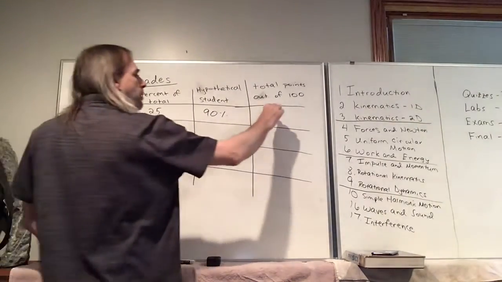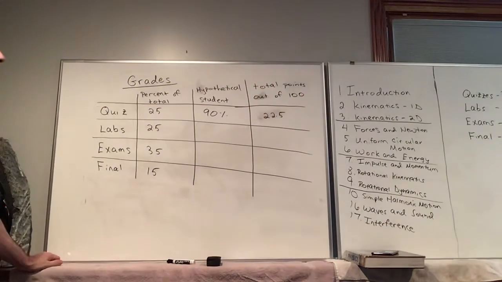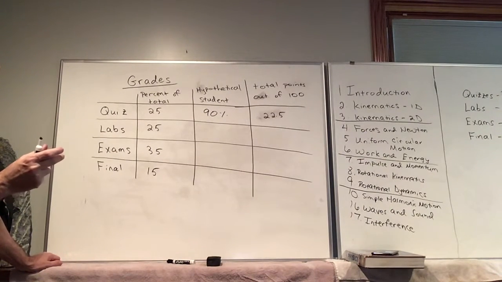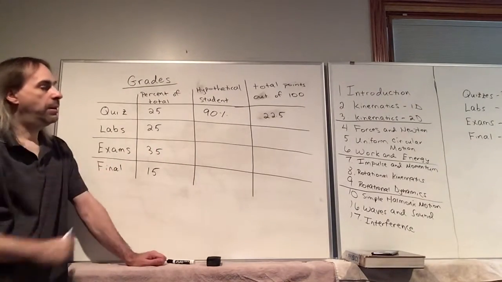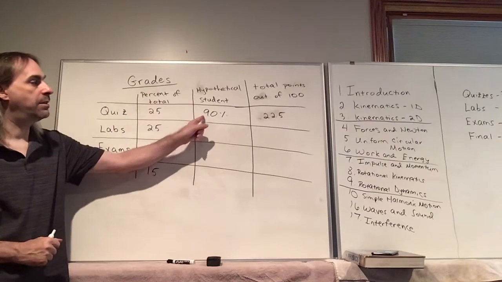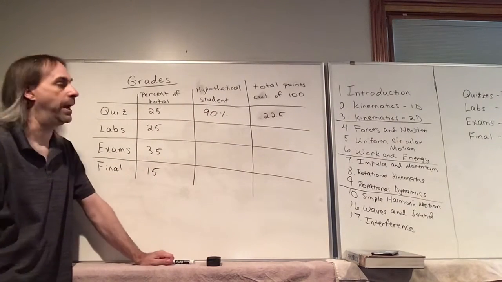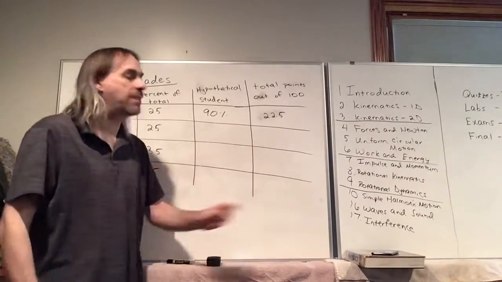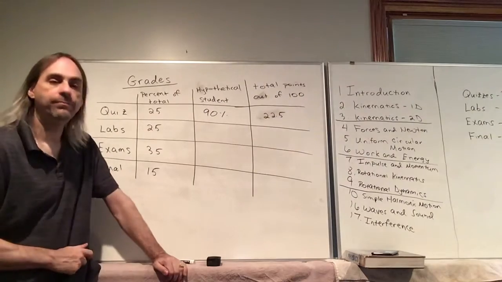Let's see, was that 22.5? Yeah, 22.5. Okay. So if you take all your quizzes at the end and you average it, and you get a 90%, that would be 22.5 points for your final grade. So the whole class is out of 100 points, and here you'd have 22.5.